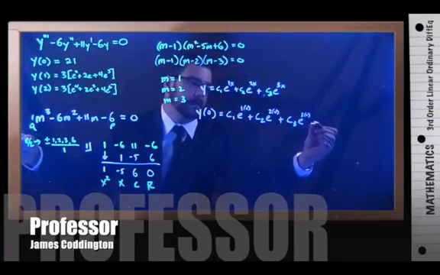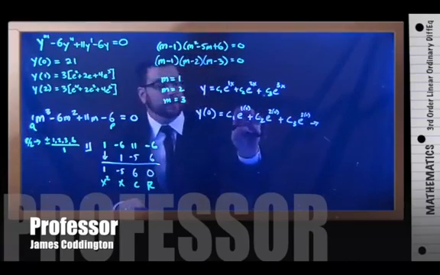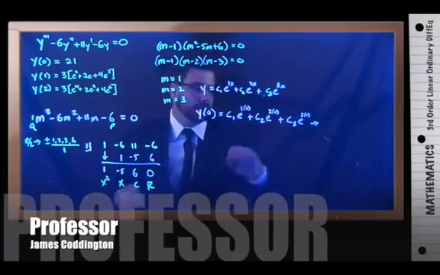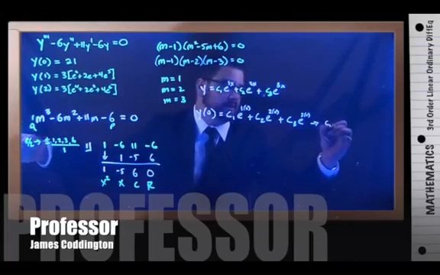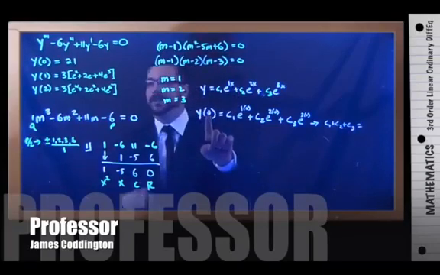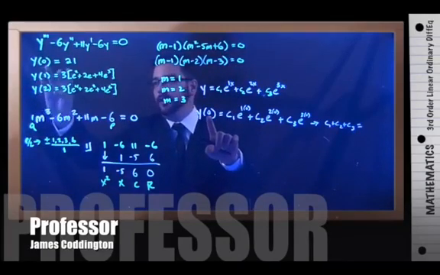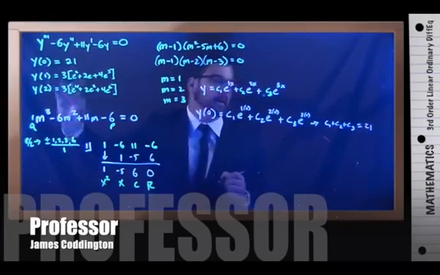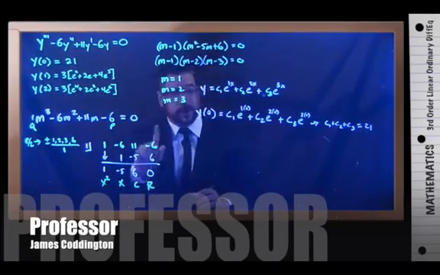Well, if you plug in 0 for all of these, e to the 0 becomes 1. All you're left with is C1 plus C2 plus C3. So this is C1 plus C2 plus C3 equals, well, if the input is 0 according to the initial value, then the output is 21. All right. That is our first equation.